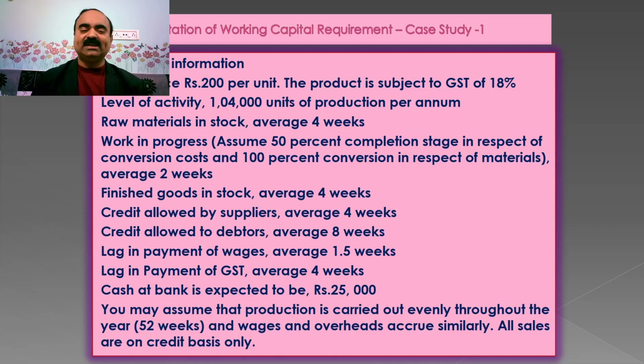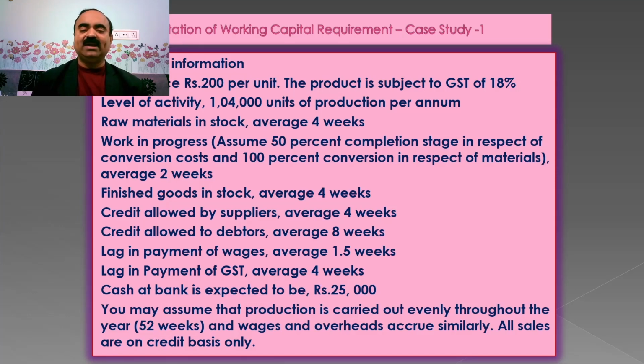Work in progress: assume 15% completion stage in respect of conversion costs and 100% conversion in respect of materials, and work in progress is in stock average for 2 weeks. Finished goods in stock average 4 weeks.